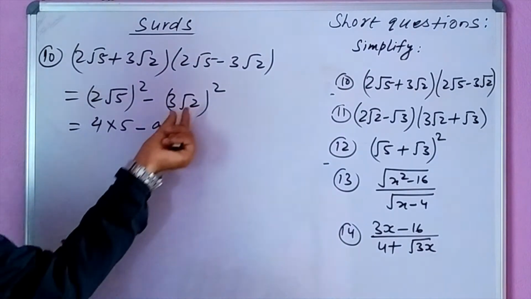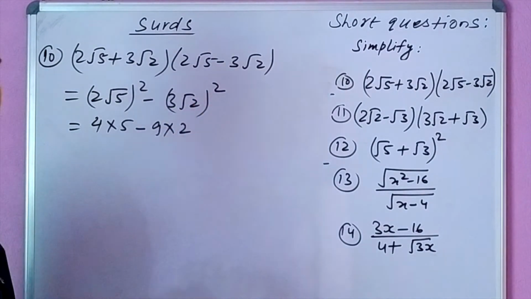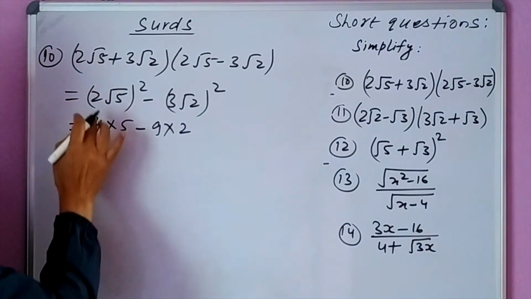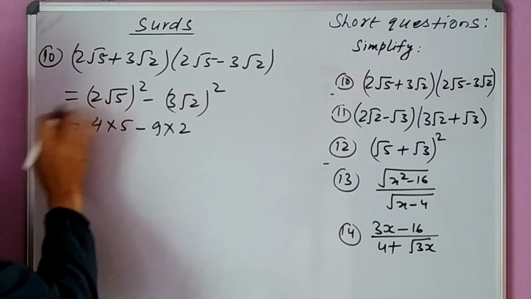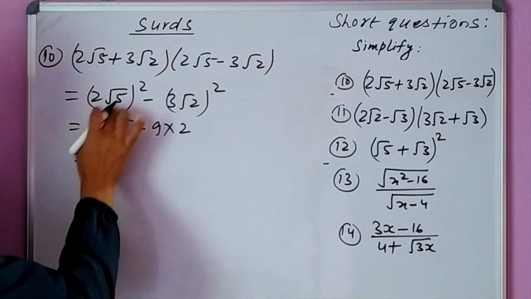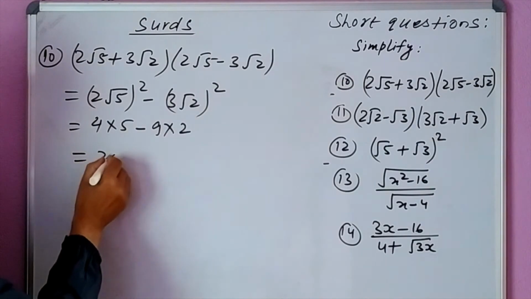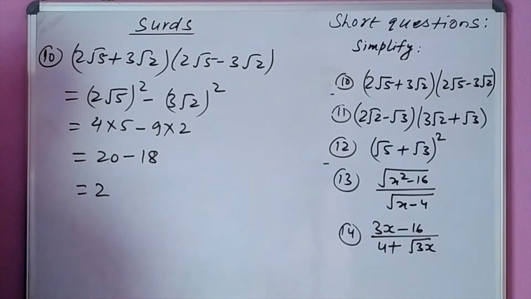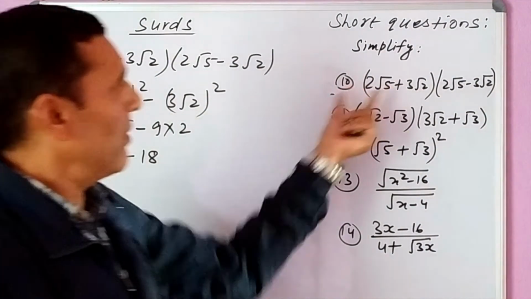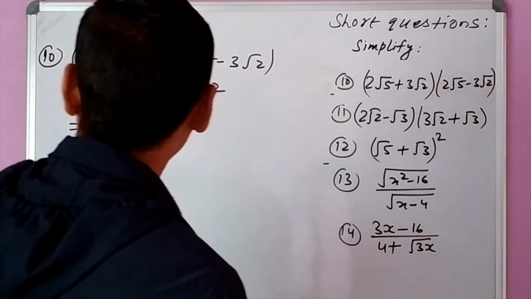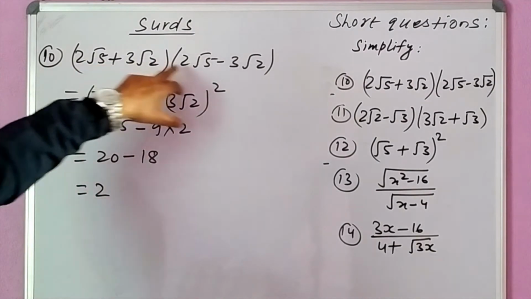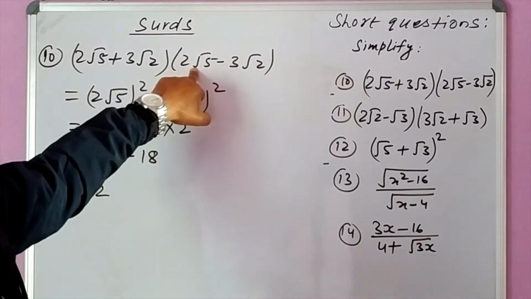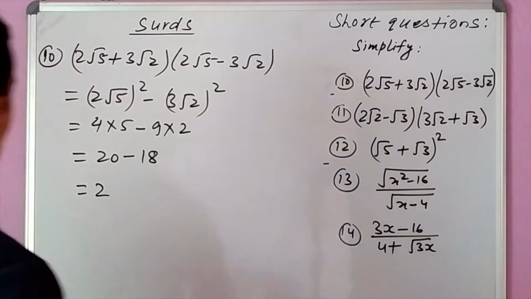Square of 3 is 9, square of root 2 is 2 only. So it is 4 into 5, 20, minus 9 times 2, 18. 20 minus 18 is 2. So the answer of question number 10 is 2. It is very simple, because it is in the form of a plus b times a minus b. Directly we can apply the formula a square minus b square.